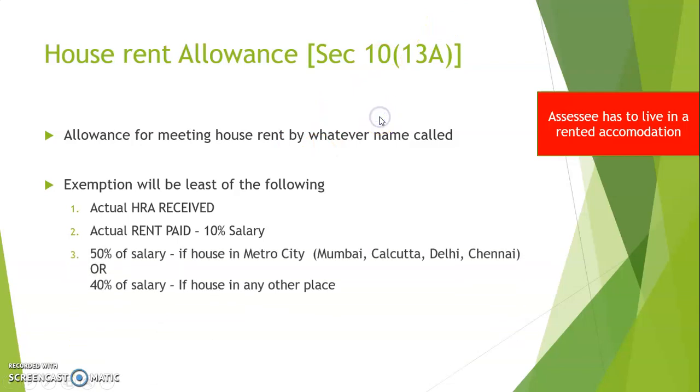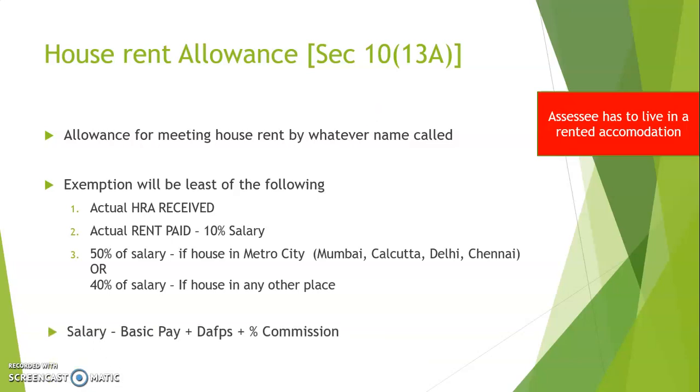And finally, the percentage criteria: 50% of salary if the house is in a metro city, or 40% of salary if the house is in any other place. Out of these three, take the lowest value and use it as your exemption under section 10(13A), house rent allowance. Got it?